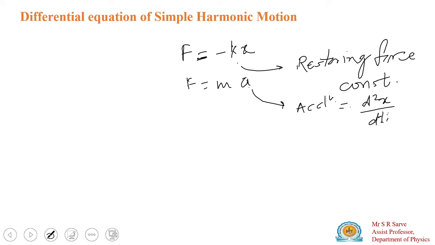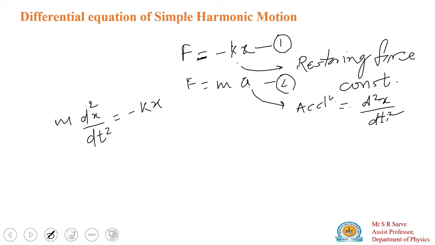So if you compare this first equation and second equation, you will get m into d square x by dt square equal to minus k into x. So d square x by dt square should be equal to minus k by m into x.